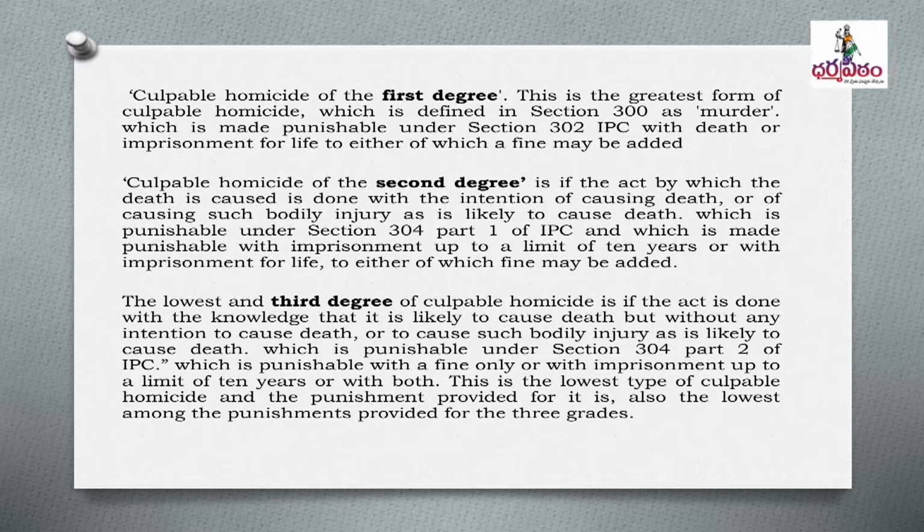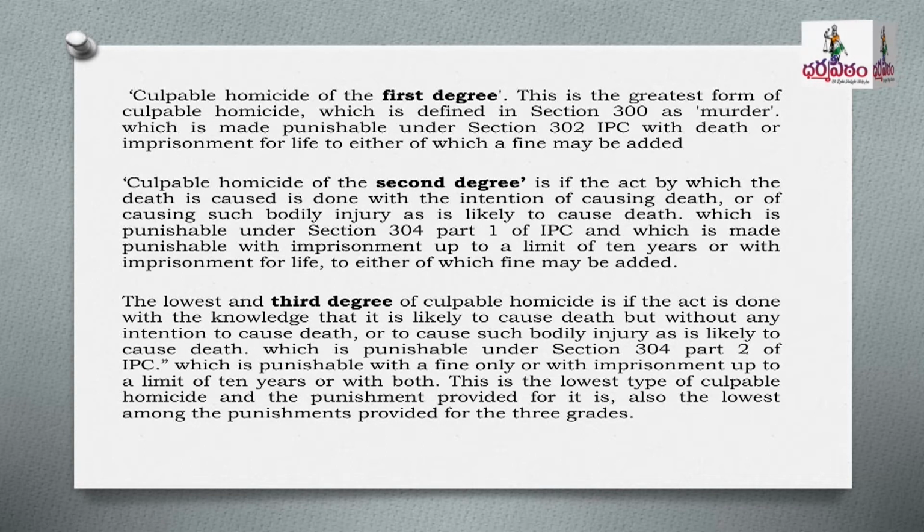Now let us see the culpable homicide of the first degree. This is very simple. This is the gravest form. It is defined in section 300, that is murder, with punishment under section 302. What is the punishment? Death or life imprisonment, to either of which fine may be added.